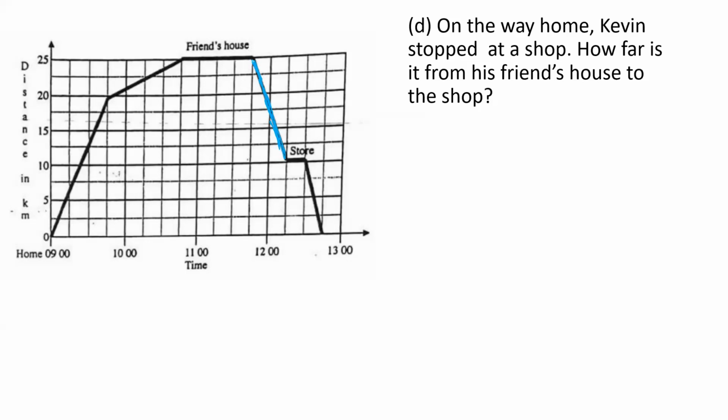Nobody knows? How far was the distance? 25 minus 10. What is 25 minus 10? 15 kilometers. How did you get 15? Because his friend's house is at 25 and the shop is at 10, so subtract the two.